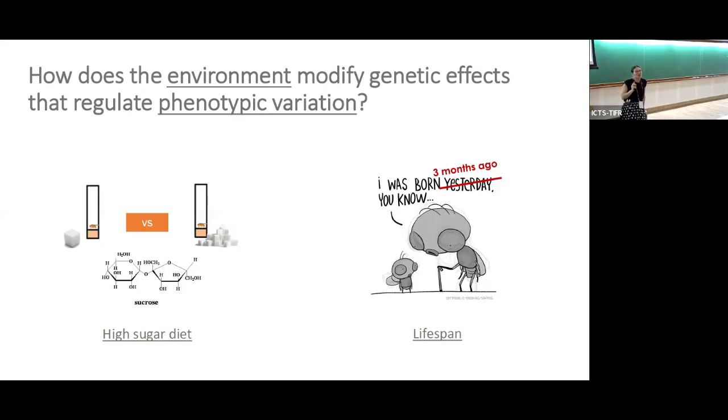You can manipulate lifespan by manipulating diet. Everyone now says, let's reduce calories because that extends lifespan. This is in worms, mice, flies, and humans. It's kind of a universal relationship, which is cool experimentally because it allows you to manipulate your phenotype.